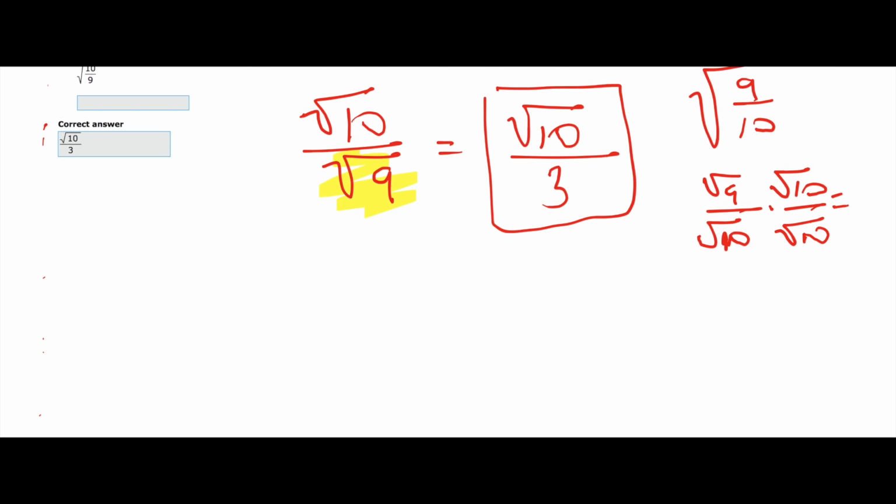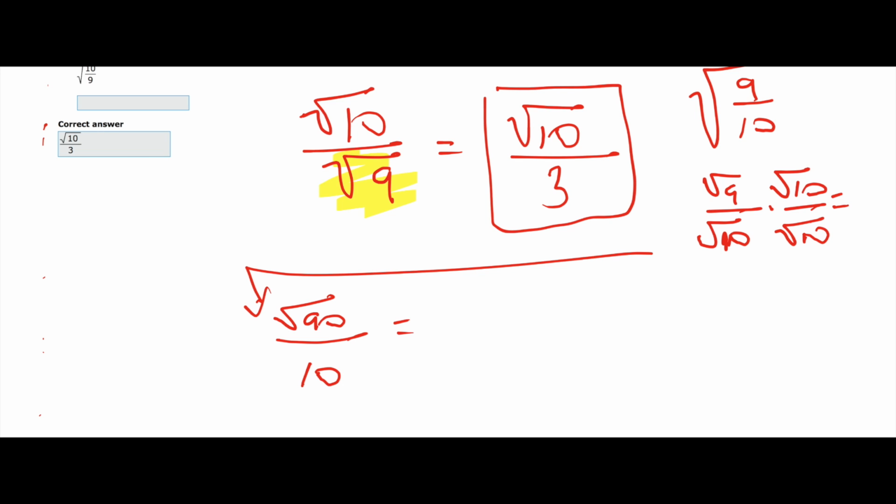So you have root 90 over 10. And wait, let's bust up 90. What's the square root of 90? Yeah, it's root 9 times root 10, so it's 3 root 10 over 10. Anything else? Can you do anything else from there? No. All right, try the next one.